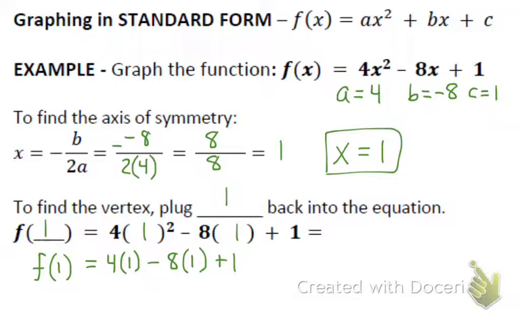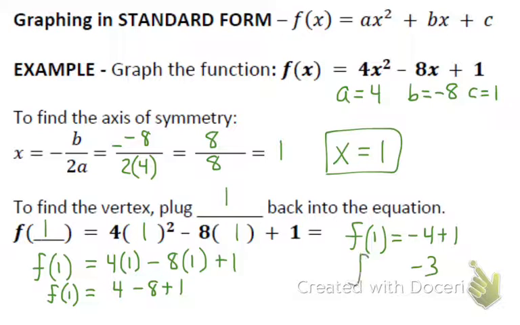And so we'll have 4 times 1 is 4, negative 8 times 1 is negative 8. Add and subtract from left to right. 4 minus 8 is negative 4, plus 1, negative 3. So we have a vertex at the point (1, negative 3).